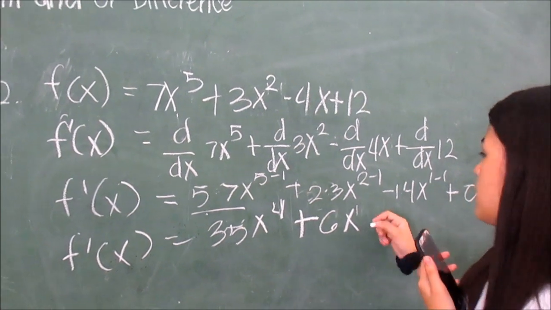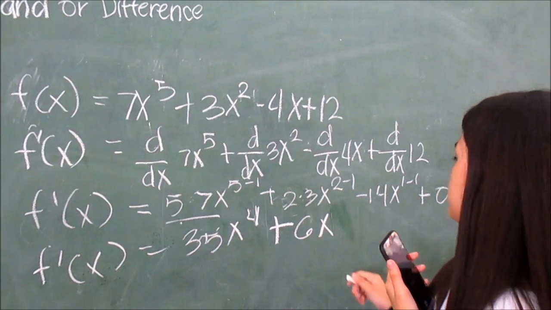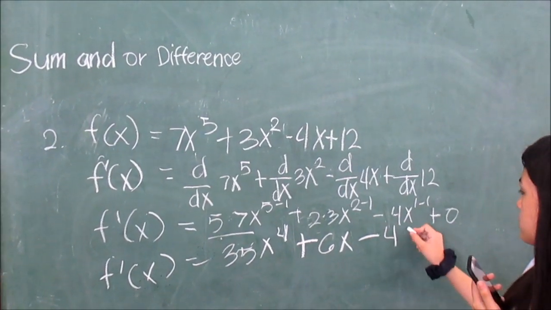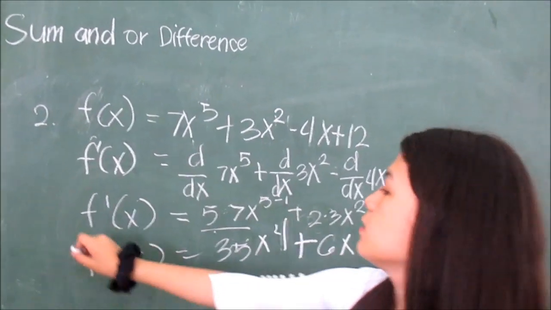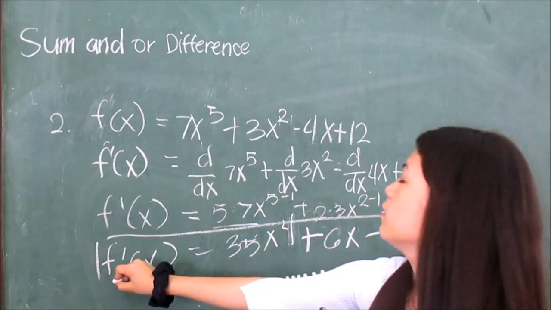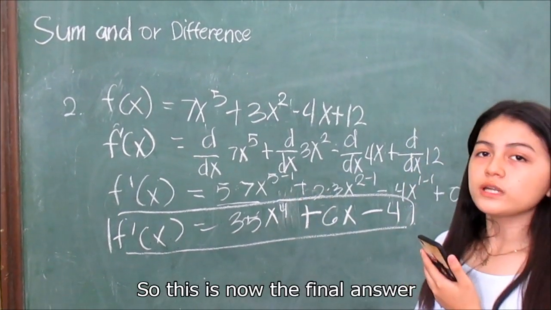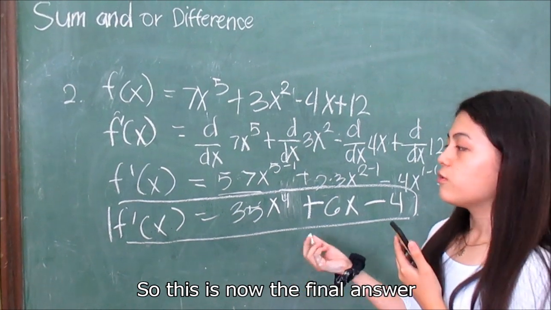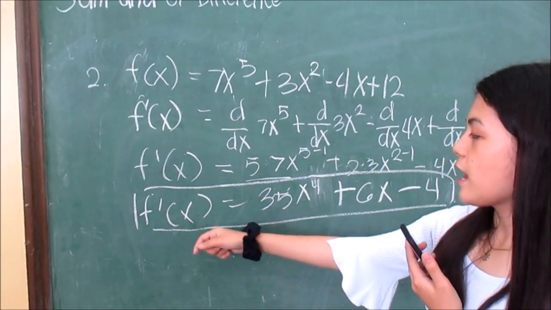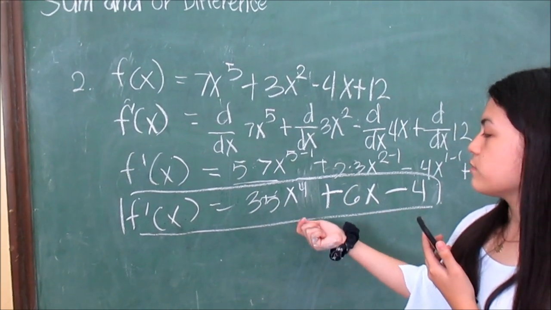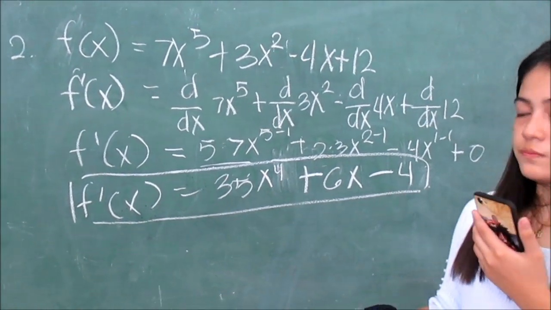And since the exponent is now 1, we no longer write the exponent. So this is now our final answer, which is f of x is equal to 35x to the 4th power plus 6x minus 4.